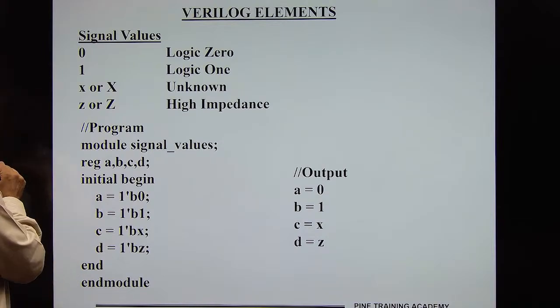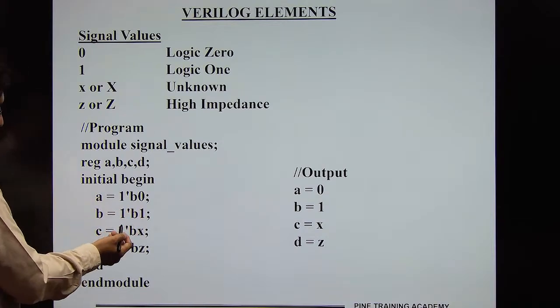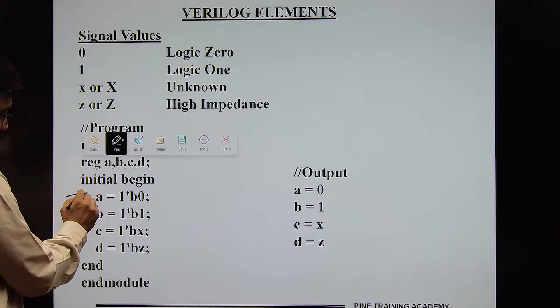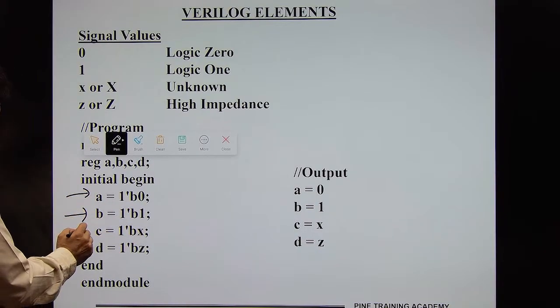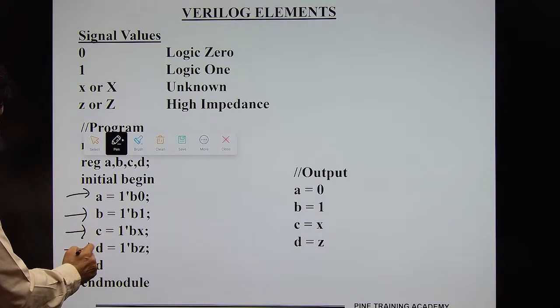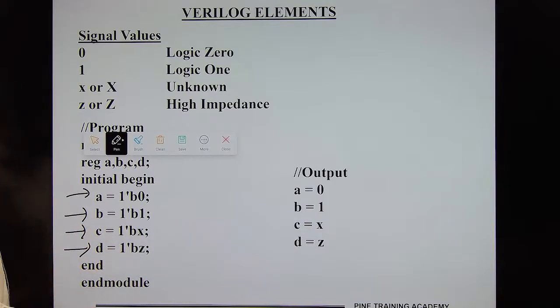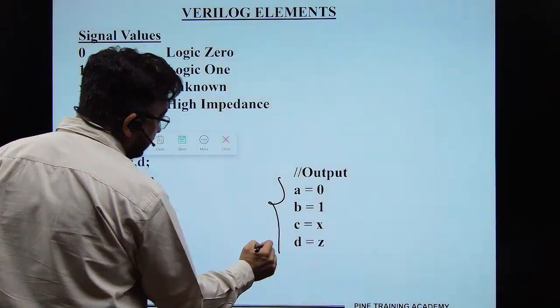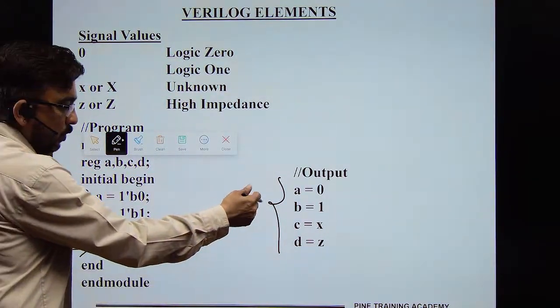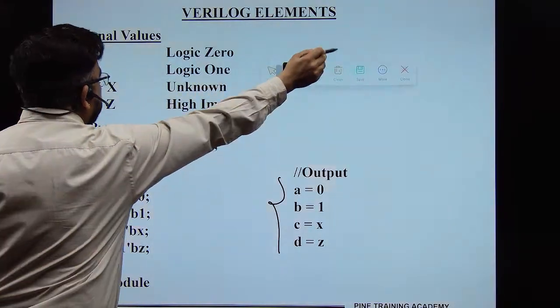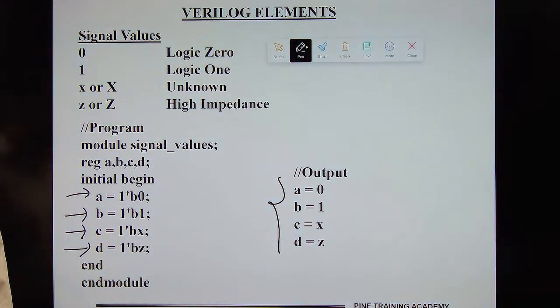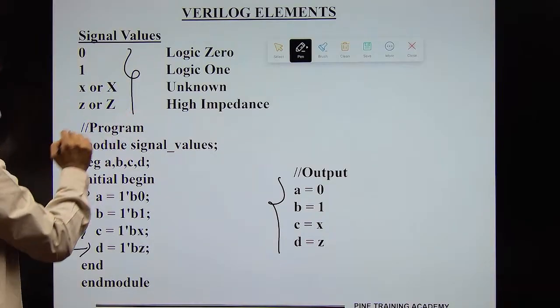I have taken this under the initial. I have assigned the values A = 1'b0, B = 1'b1, C = 1'bx, and D = 1'bz. So what is the output? The output looks like this: a is equal to 0, b is equal to 1, c is equal to x, and d is equal to z. Again, these are just values.